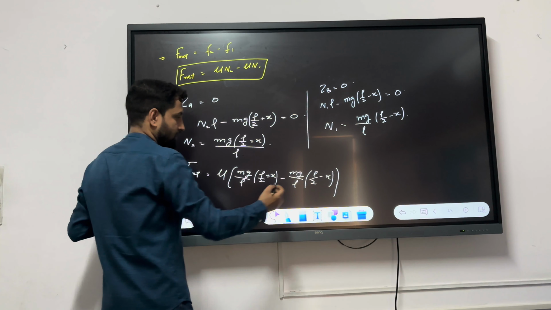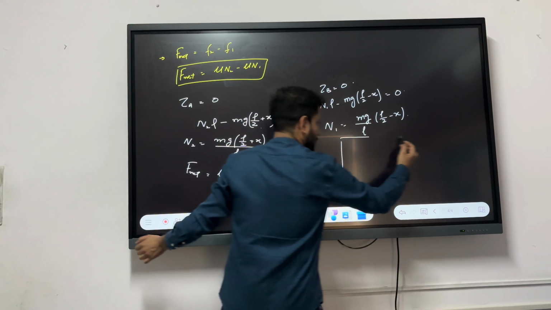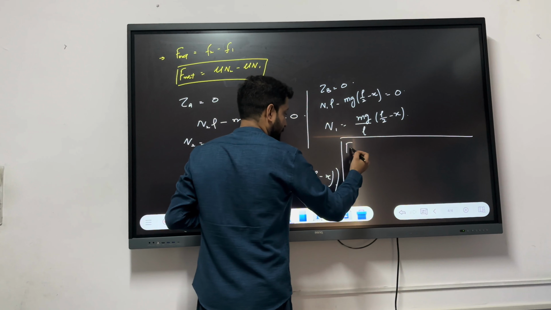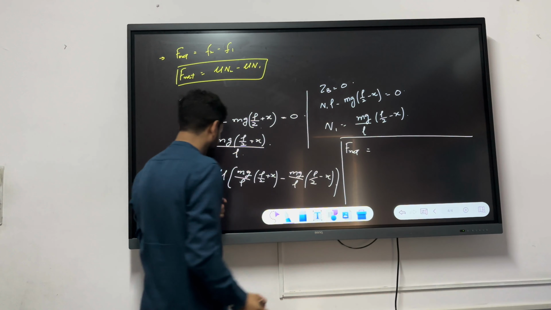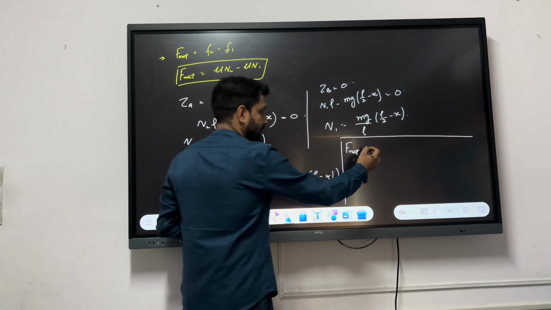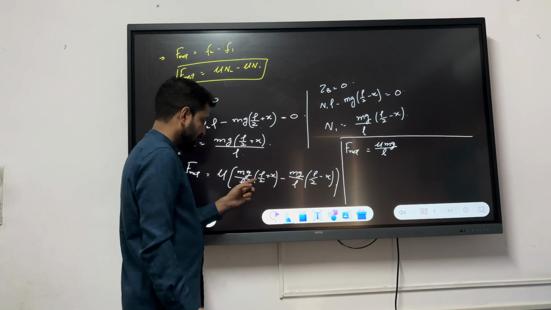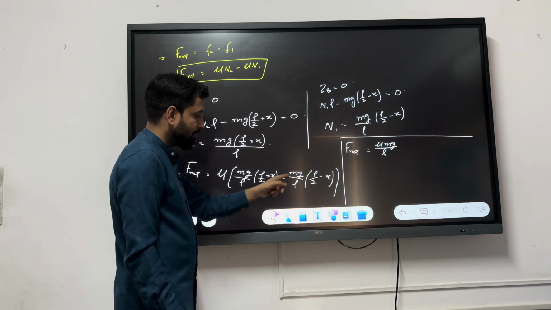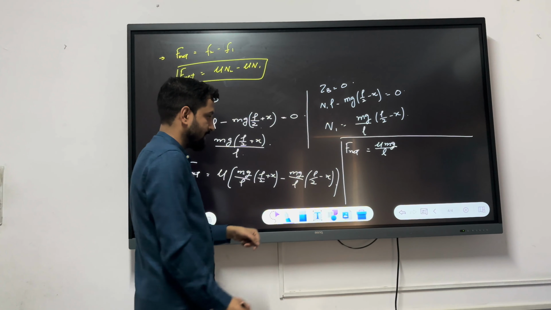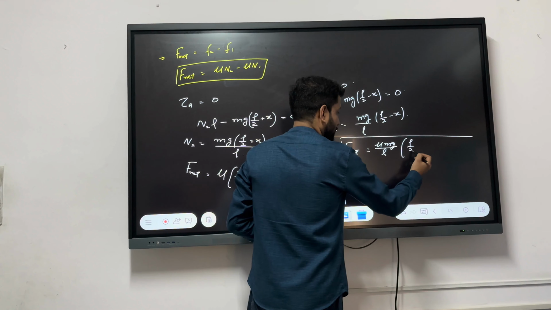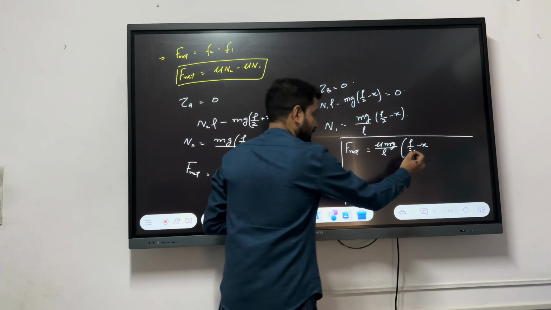So F net will be equal to mu mg by L into [(L by 2 plus x) minus (L by 2 minus x)].